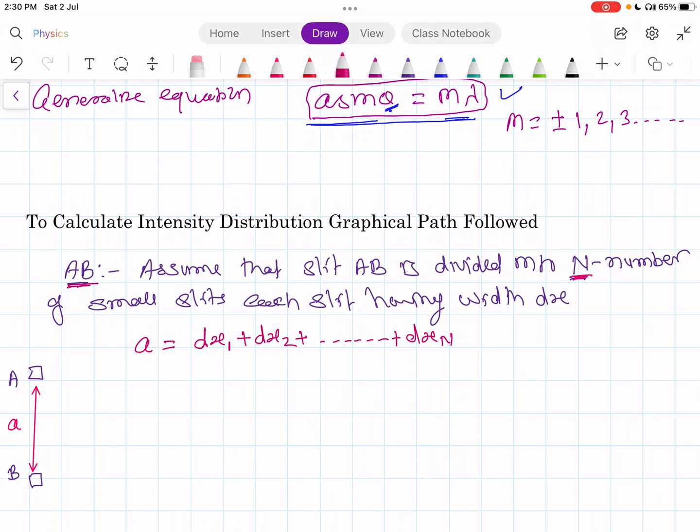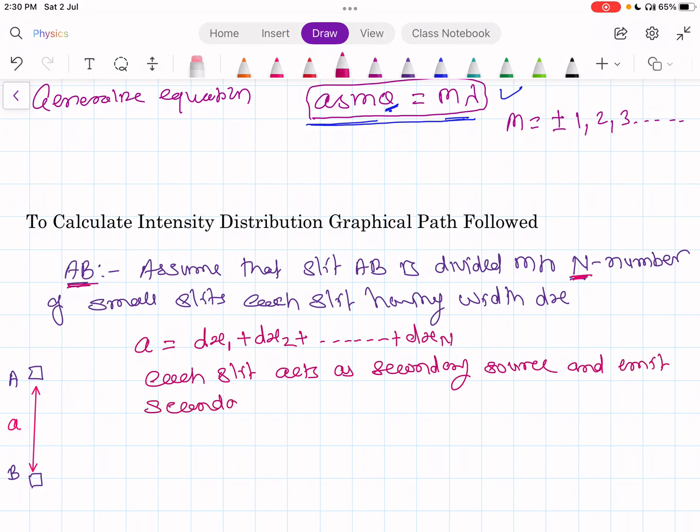And each slit acts as a secondary source and emits secondary waves, which are represented by phasors.